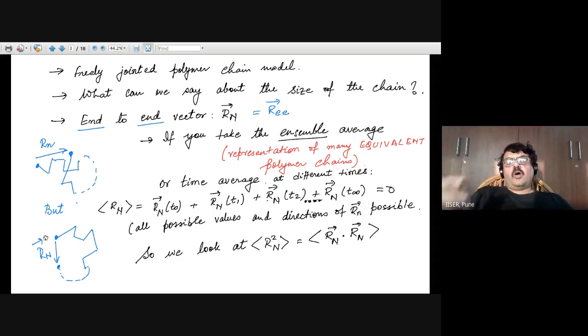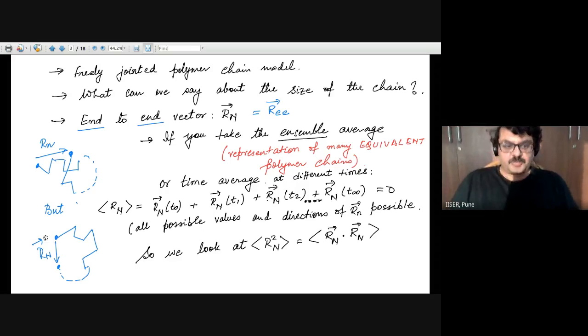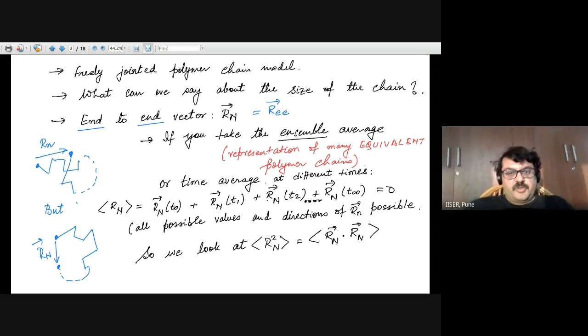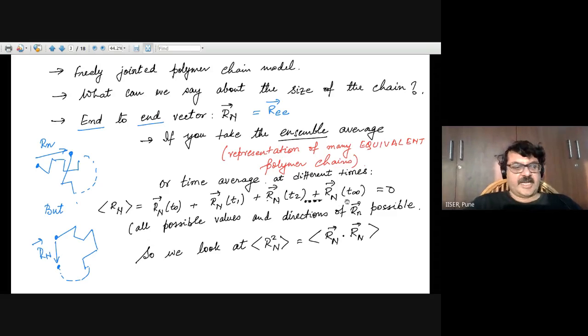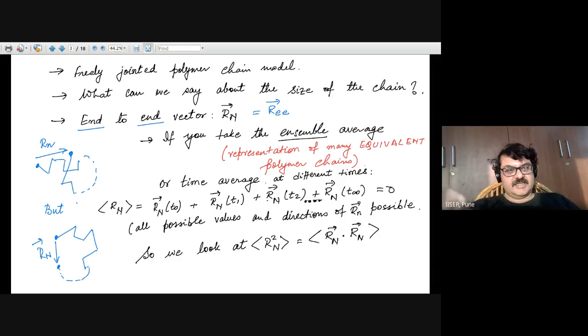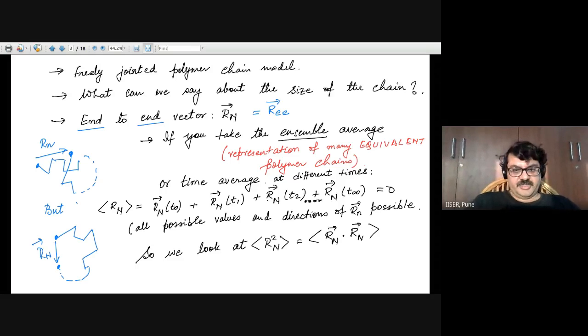So basically all directions would be equally probable. If you take the vector sum of all the Rn vectors over a long time, you would essentially get 0. So the statistical average of the end-to-end vector does not give you any useful information about the spread of the chain, because you get 0. It basically says that the end-to-end vector can point in any possible direction.